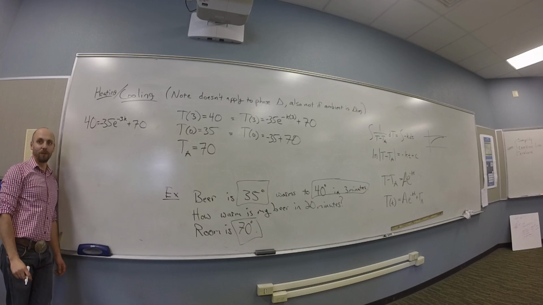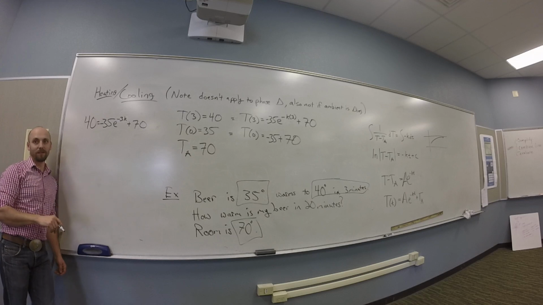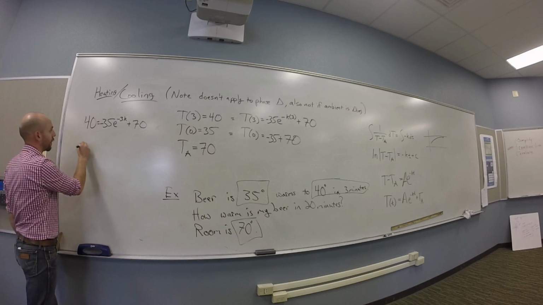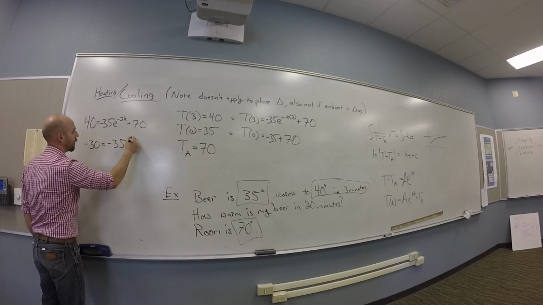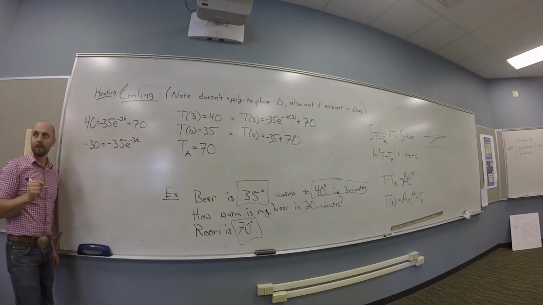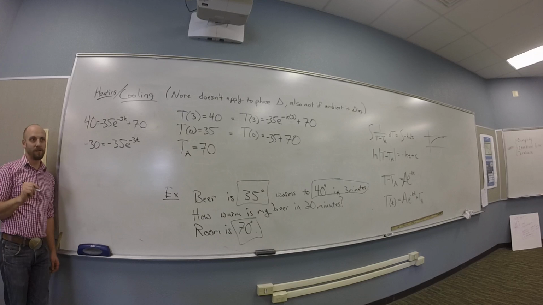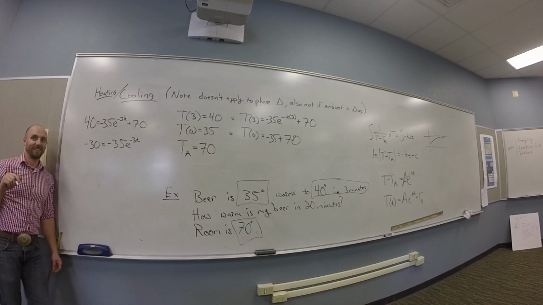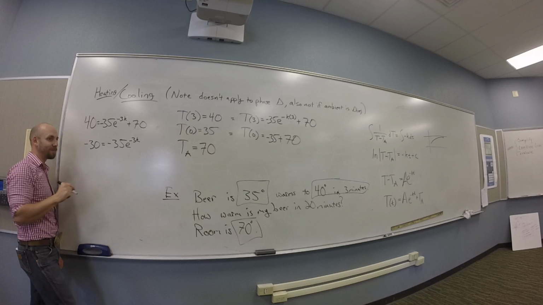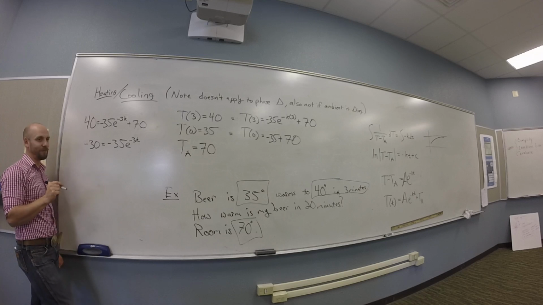Okay, now I want to solve for k, right? So you subtract your 70. So you get negative 30 equals negative 35 e to the minus 3k. Then what? Multiply both sides by negative 1/35.